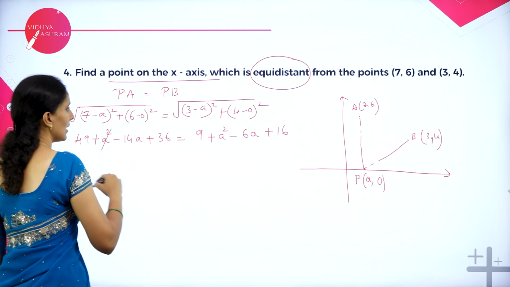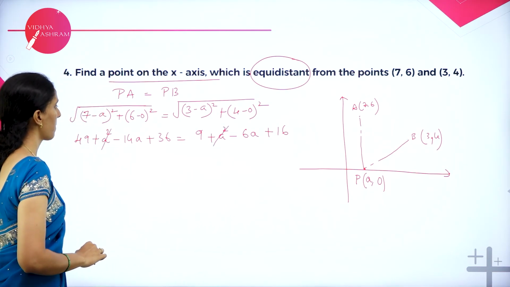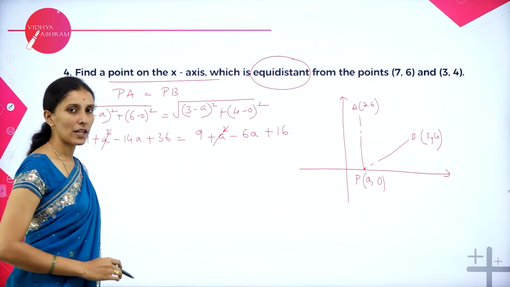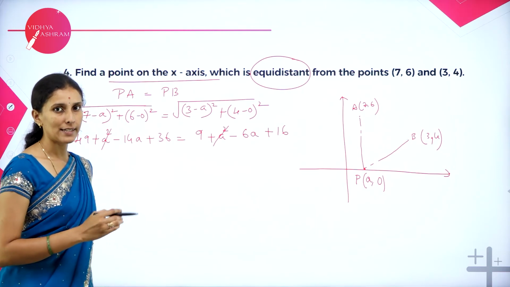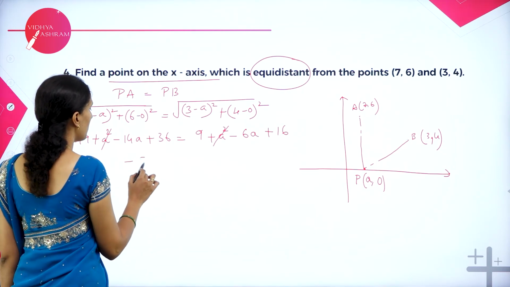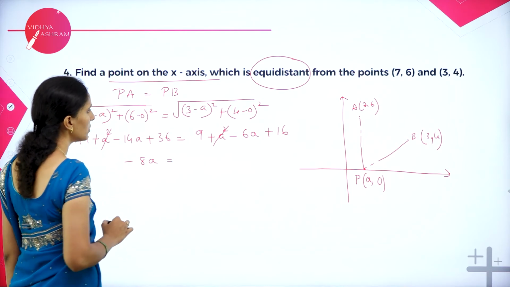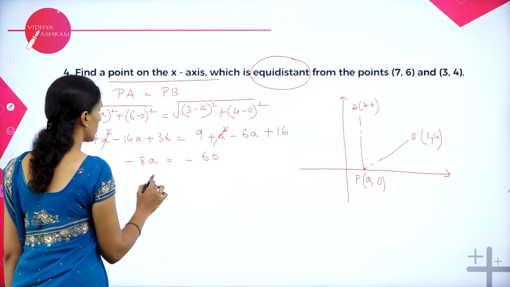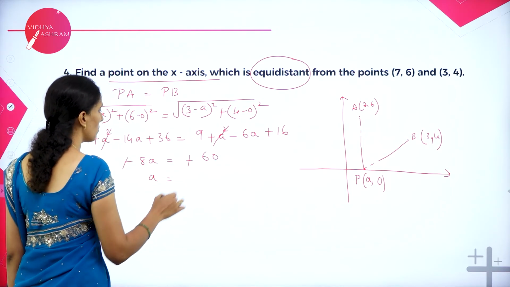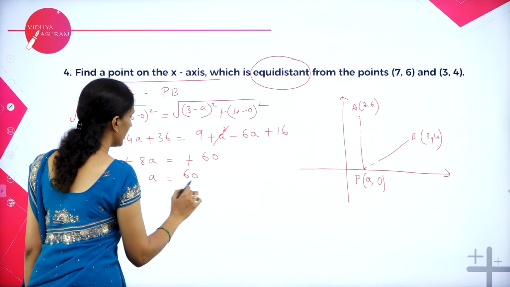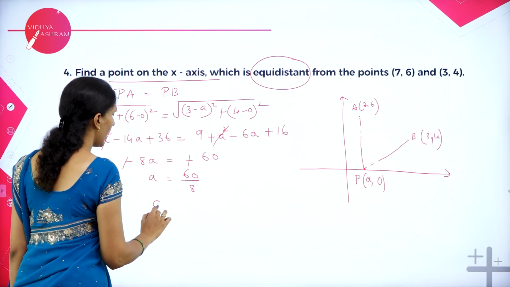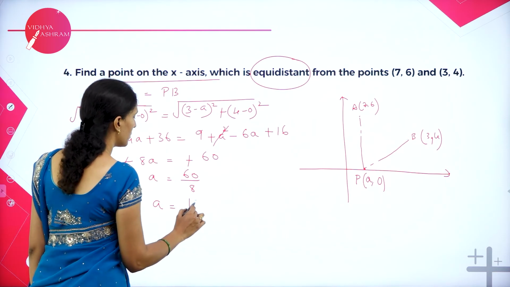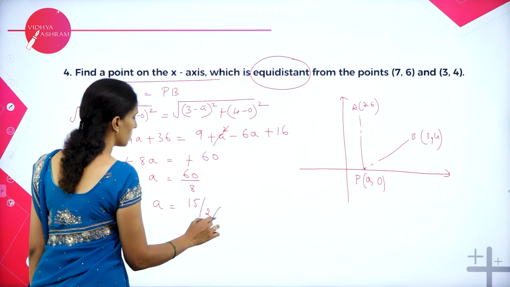So I can cancel a square on both sides. Shifting all the a terms and constants to either side, I get minus 8a is equal to minus 60. So a is equal to, cancelling minus on both sides, 60 divided by 8. So a is equal to 15 by 2.